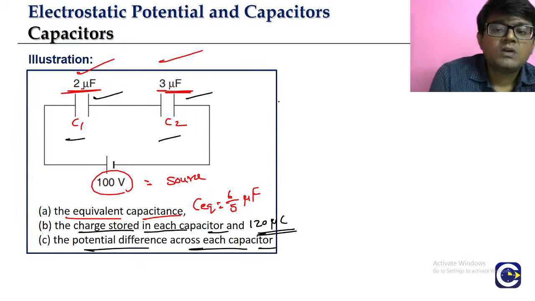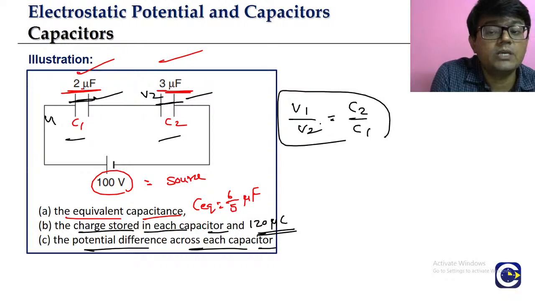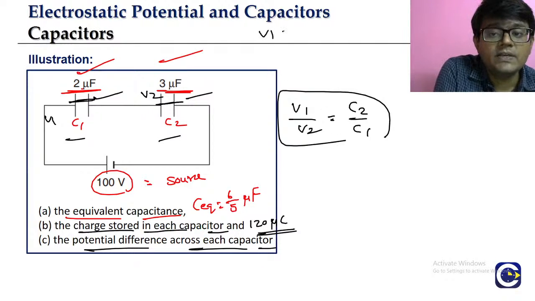So look, what is the thing that we discussed? V1 by V2 is equal to C2 by C1. Remember? In series combination, let the potential difference of this be V1 and of this be V2. V1 by V2 will be equal to what? Actually what is the relation? V1 is to V2 will be equal to 1 by C1 is to 1 by C2.